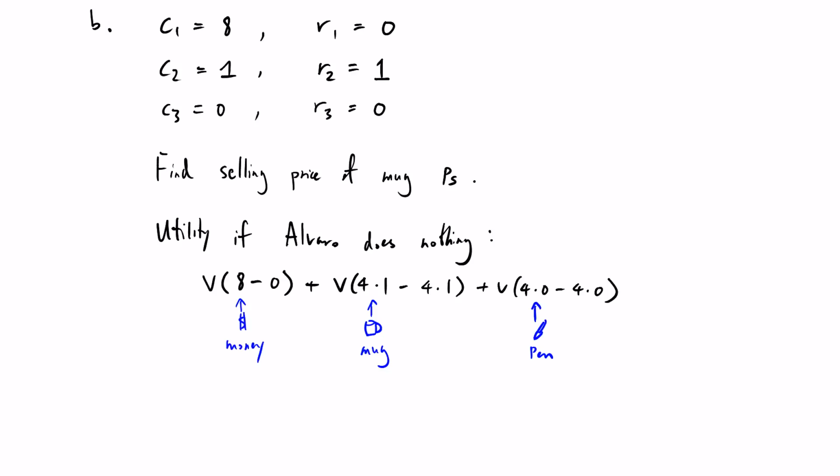He is gaining in money, so that's 8. He's not losing or gaining in mugs because he already expects the mug, and he's certainly not getting anything from the non-existent pen. So in the end, his utility is going to be 8.